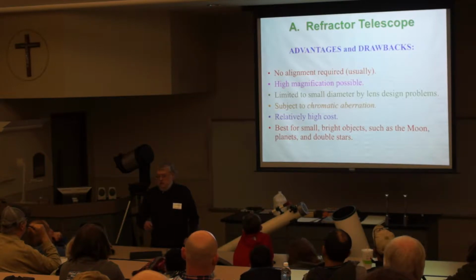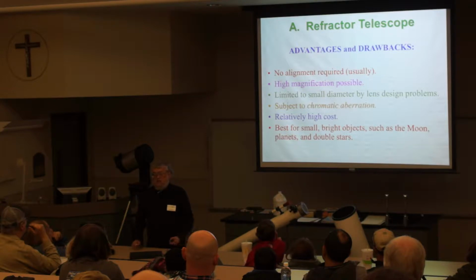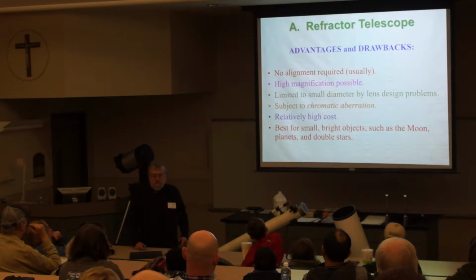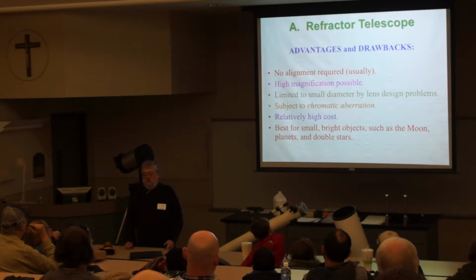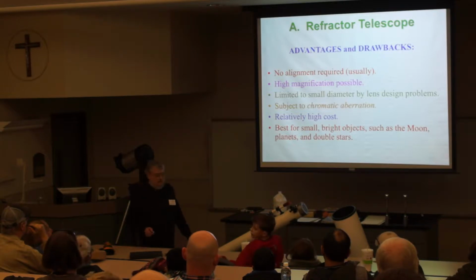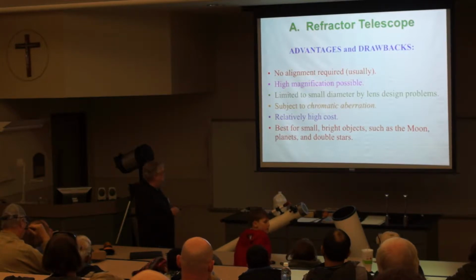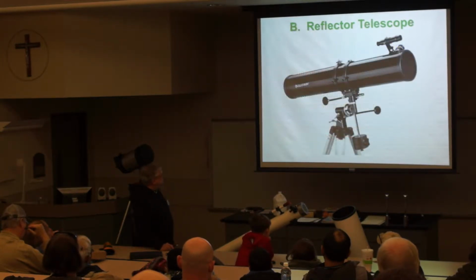And the amount of magnification you put to it is varied according to the situation at hand as to what you're looking at. But if an object is very bright to start with, like moon and planets, you don't need a big diameter telescope to gather enough light to observe it well. So small refractors are a good telescope for looking at the moon and planets and individual stars like that.